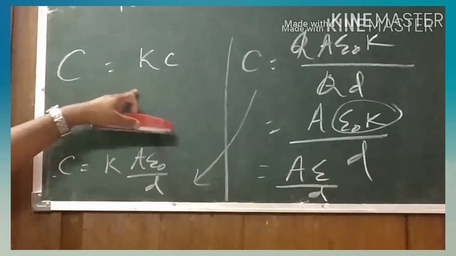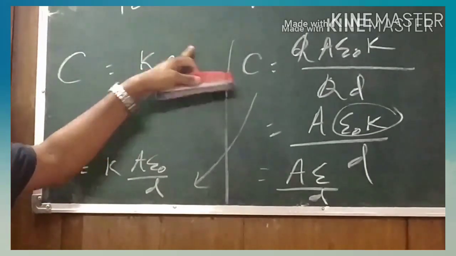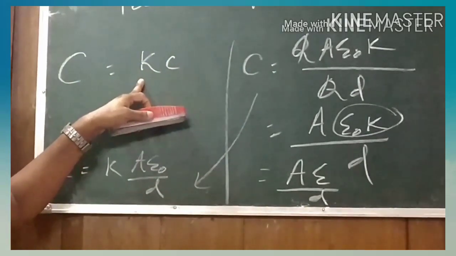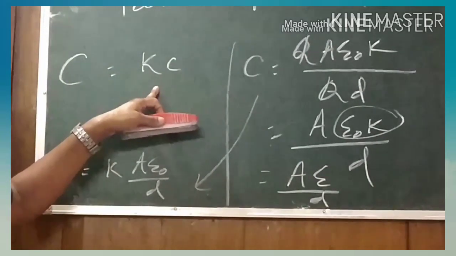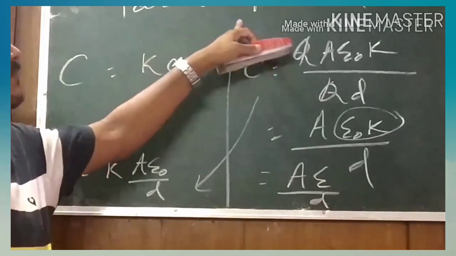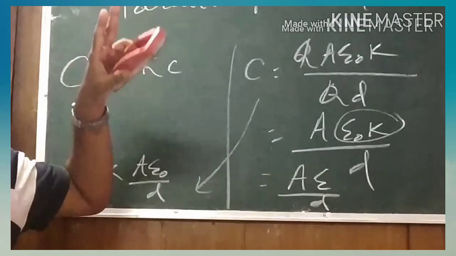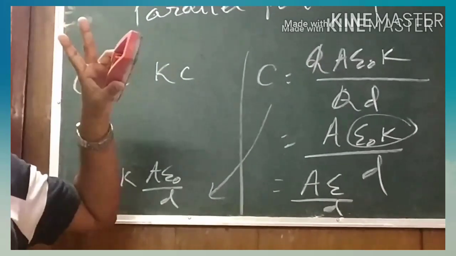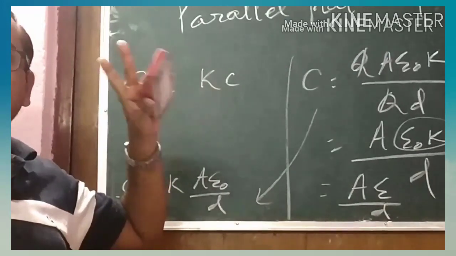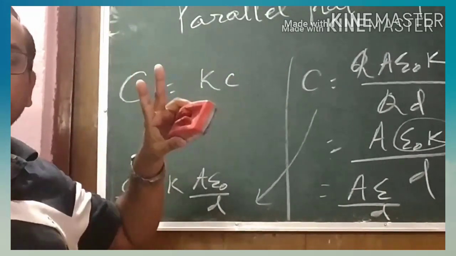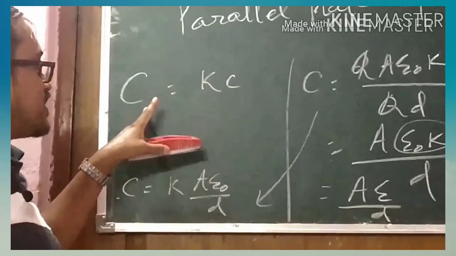That means when we introduce a dielectric constant K, the capacitance is increased by a factor of K. During the calculation of the parallel plate capacitor, we assumed two cases. In the first case, we took no intervening medium, a vacuum, between the conductors. In the second case, we introduced a dielectric having dielectric constant K, and the capacitance increased by a factor K.